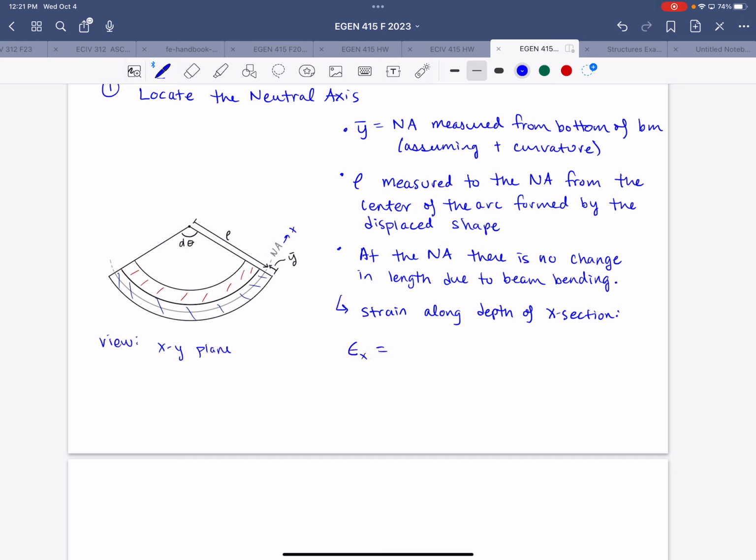The longitudinal strain, which is in the x direction, will be equal to the variable distance y minus y bar times d theta divided by the original length dx, or negative 1 over rho times y minus y bar. And we derived some of these relationships previously in the general beam bending lecture a few weeks ago.